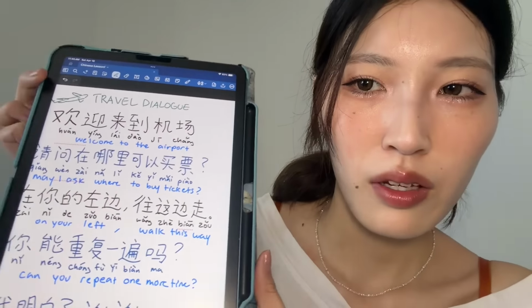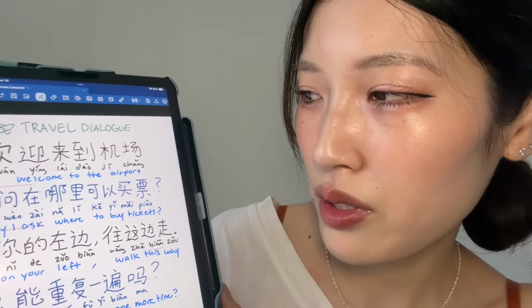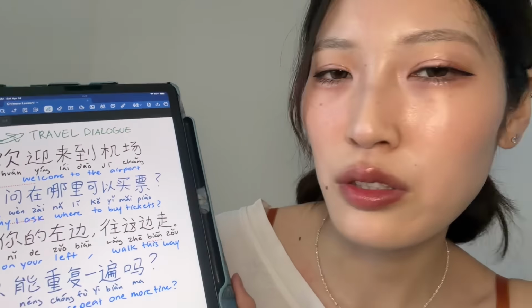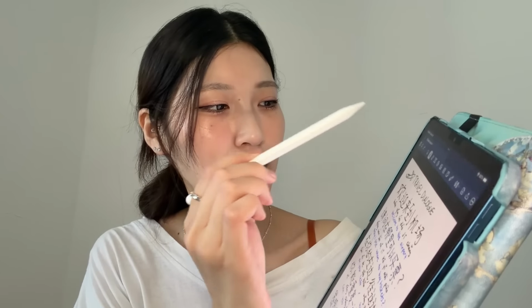Okay, I have a very quick travel dialogue that I think might be helpful to you. And we can take turns like last time, although I think the most likely scenario is with you being in the blue, unless you are working at a Chinese TSA or support desk.